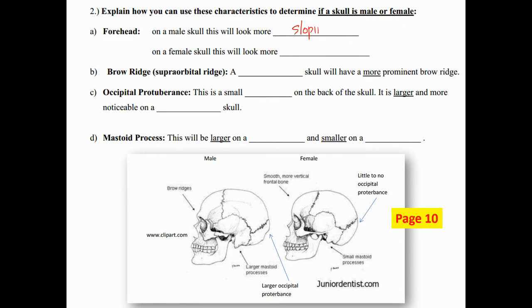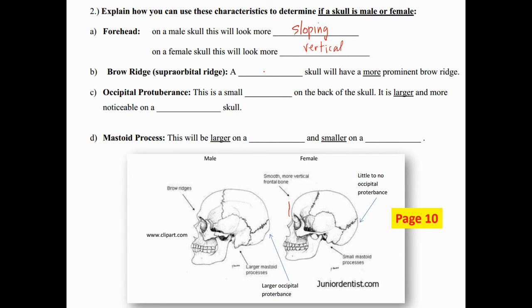But on a female skull, it is more vertical and smooth. The male forehead is not totally smooth because it has that bump of a brow ridge here, whereas the female does not have that brow ridge that's quite so big or exaggerated.